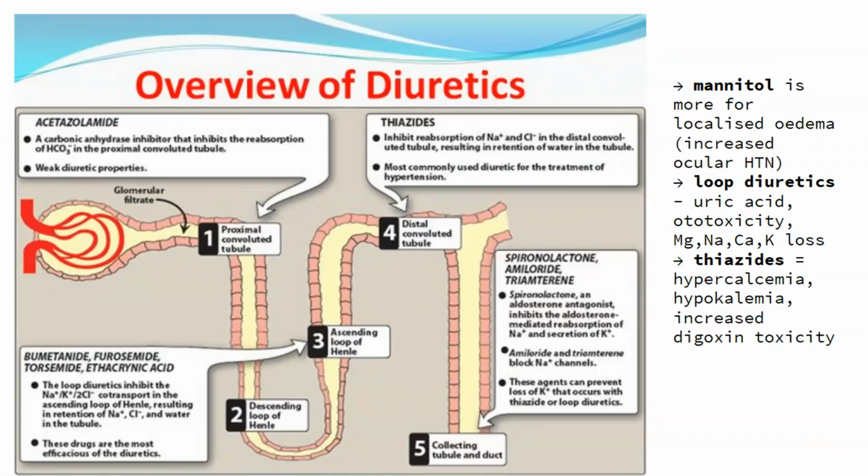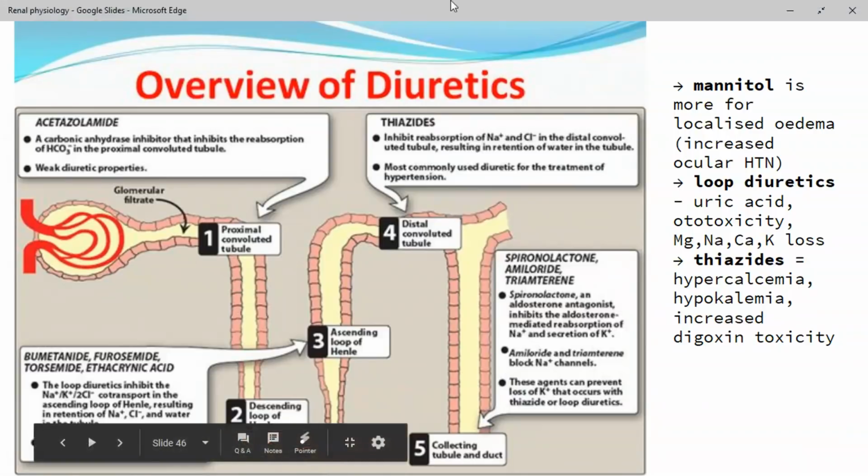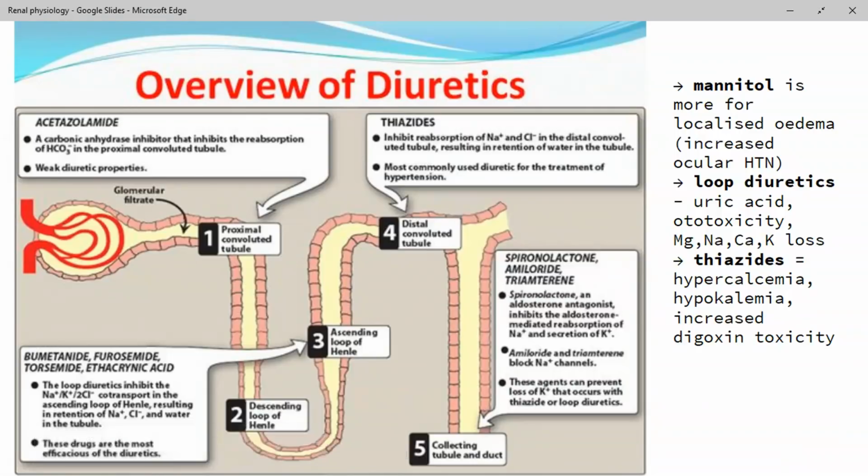We'll start off with furosemide, which is just number 2. Because a lot of the sodium is absorbed in the loop of Henle, you can reduce the absorption of sodium, and by doing that, you can cause increased release of water in the urine.